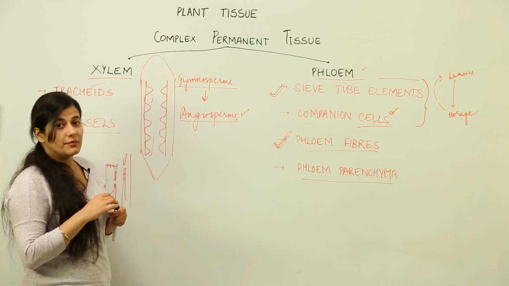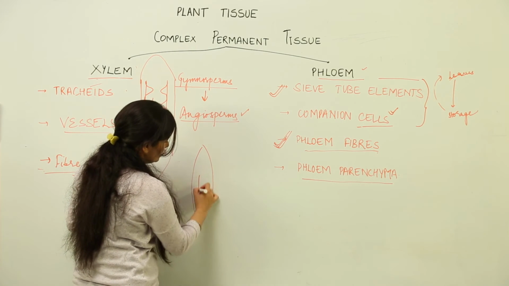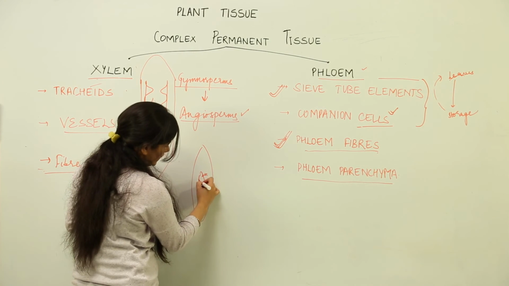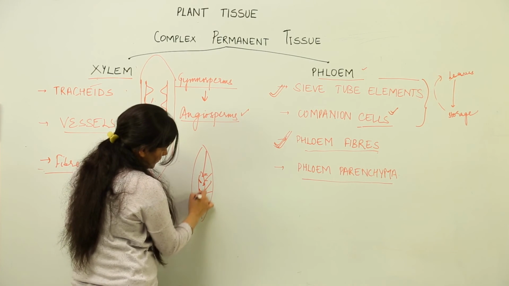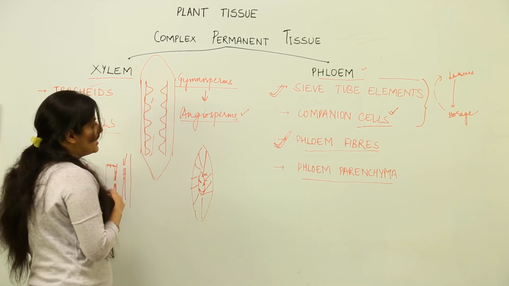We did in sclerenchyma that there are fibers, they have an outer thick wall and a lumen. Over here the lumen would be obliterated. That means again there would be thickenings and depositions, and this particular thick wall would be lignified. So a hard structure would be formed in the case of xylem fibers.